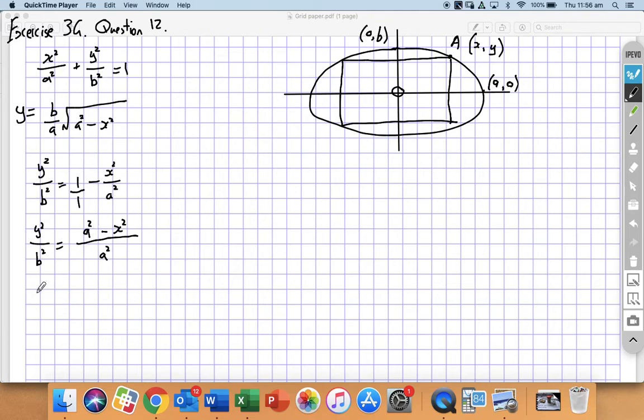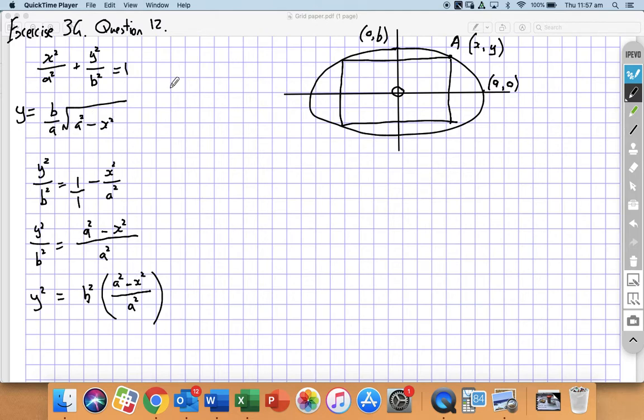Okay, let's keep going. We're looking to isolate y, so we can move the b squared over here. b squared, brackets, a squared minus x squared, all on a squared. We could pull out the a squared.